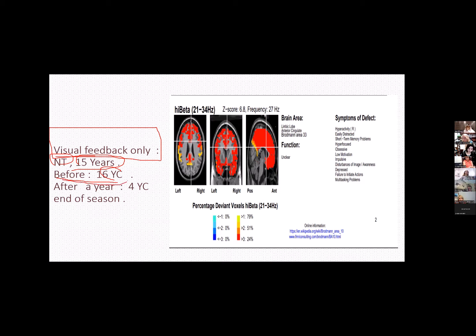So in his first season, he got like 16 yellow cards. Then I showed him his brain map, and I showed him the way it is. It's hyperactivation with 6.8 standard deviations. It's way above normal. And his limbic brain is the first wired response for any stimulation.